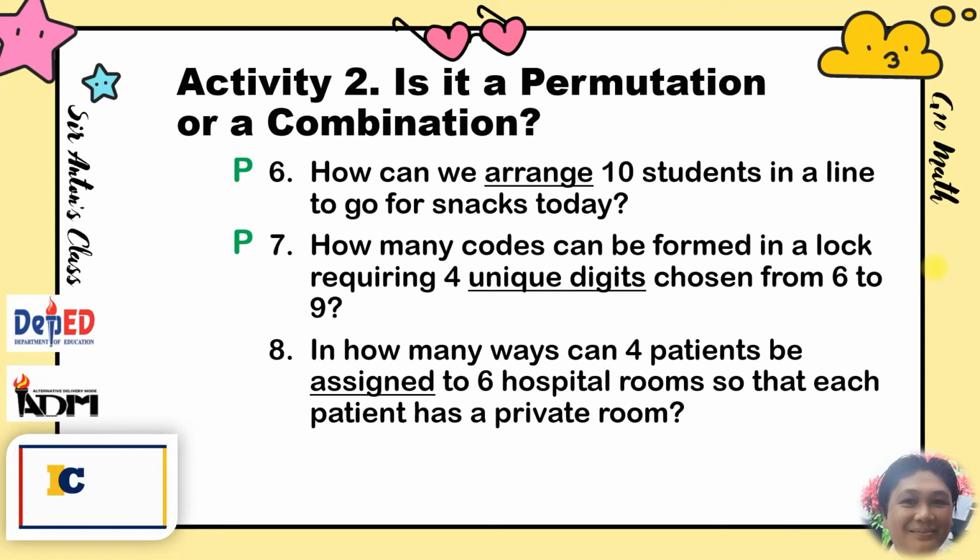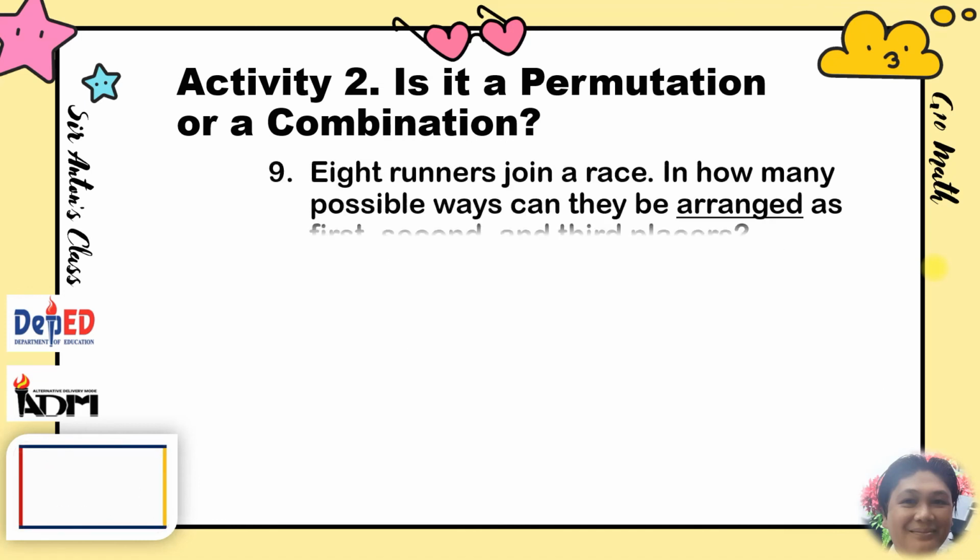And number 8, in how many ways can 4 patients be assigned? So the underlined word is assigned. And this is another permutation. Very good. Then let's proceed to number 9 and 10. 8 runners join a race.